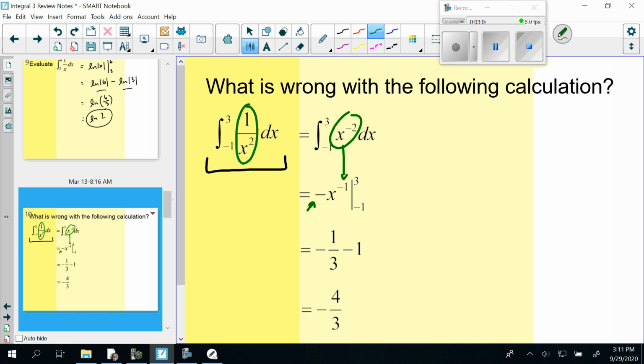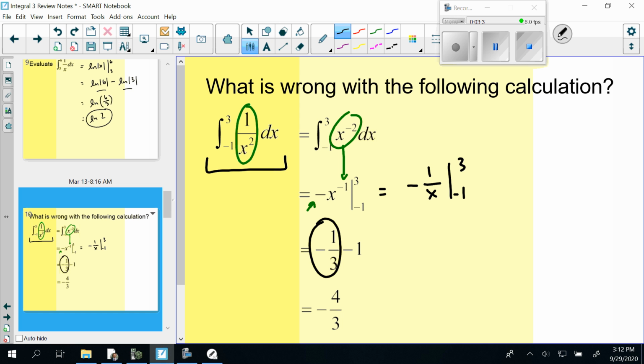Now we would plug in both of these values, and recall we could also write this as negative 1 over x from negative 1 to 3. So does that follow correctly here? Looks like if we plug in 3, we would get negative 1/3 minus what we get when we plug in negative 1.